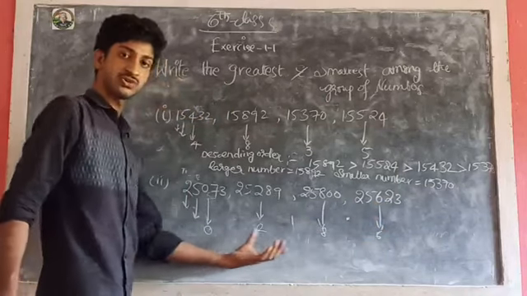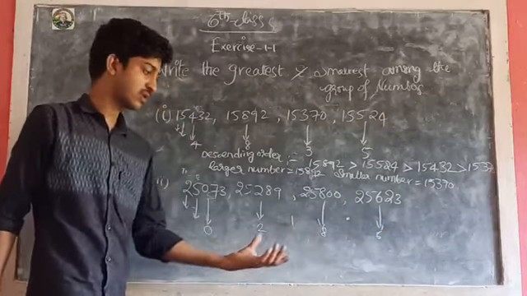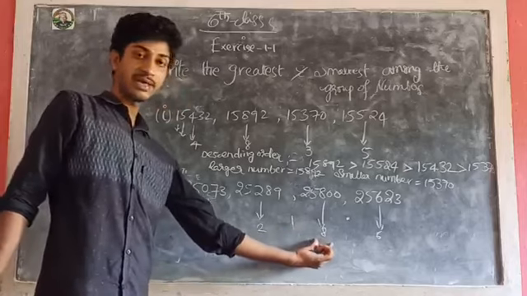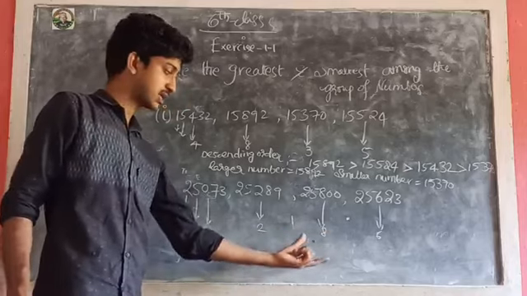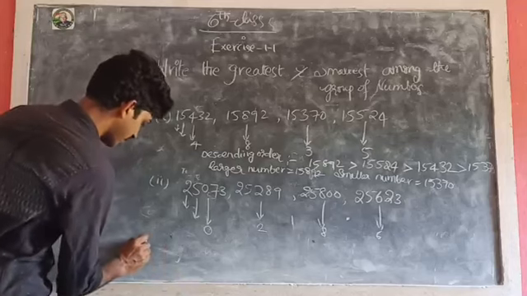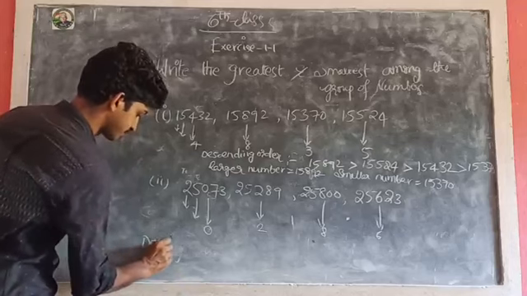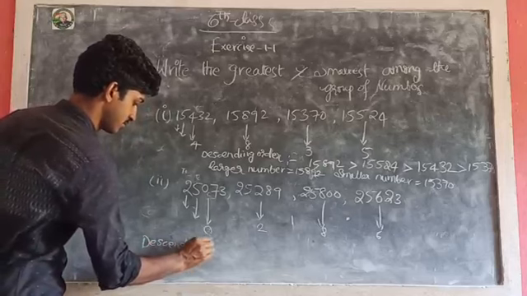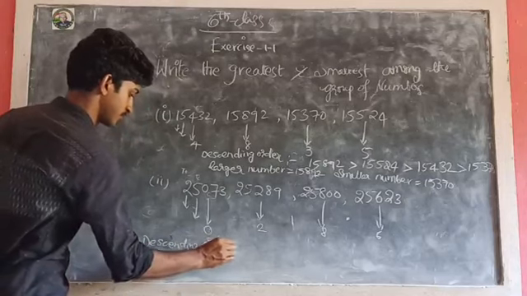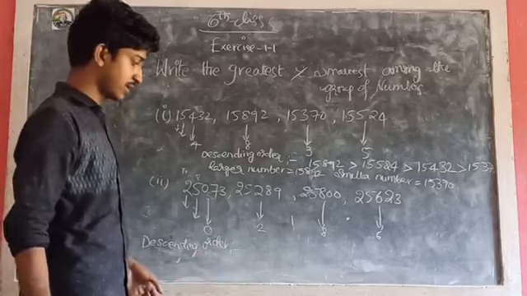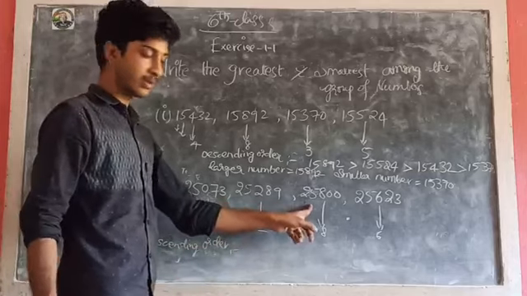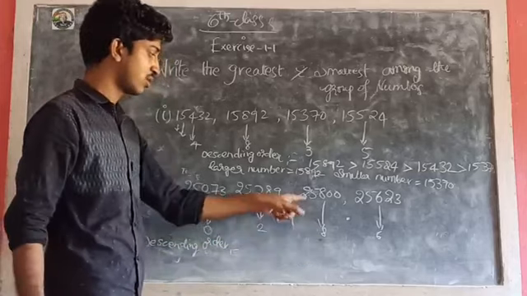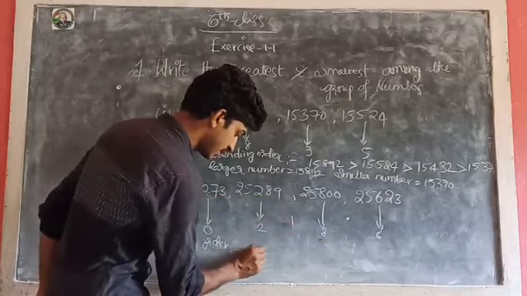If you compare these four numbers, we know that 8 is the larger number. So I am writing descending order here, and 25,800 is the larger number.